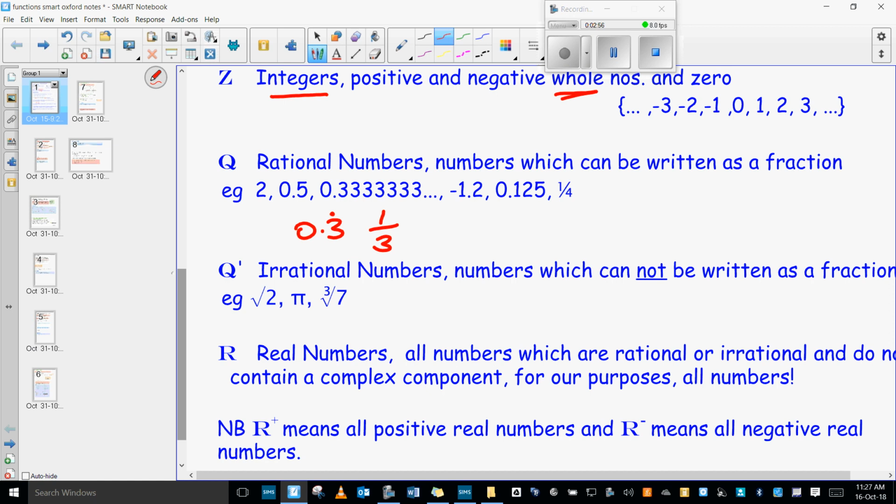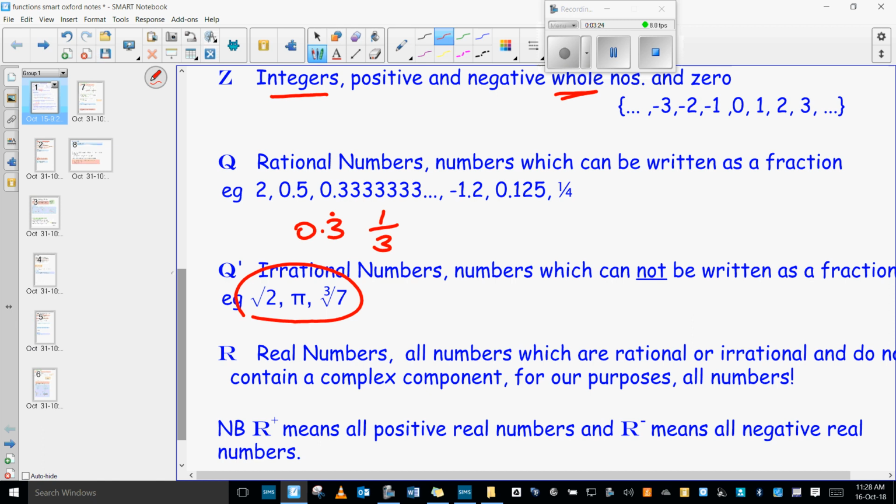Root 2 is another one, okay? Cube root of 7, there's lots of them. So if you have something that looks a bit fancy pants, then that one probably is irrational. Does that make sense? So if you're looking at a general set of numbers, most would be rational. If they've got something that looks a bit weird, it's probably irrational. And they're the ones we need to focus on. So rational is Q, irrational Q dash.